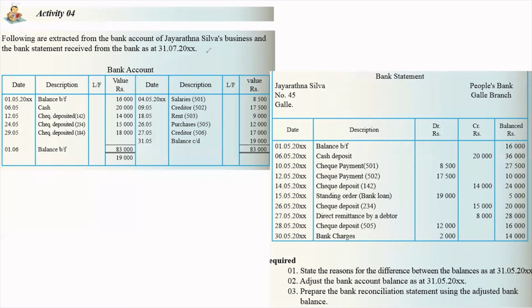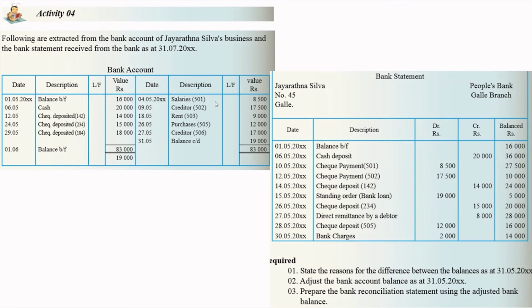So now look at these two statements given. This is our bank account of the business and this is the bank statement. As I said, debit values are the payments, credit values are the receipts. Both 16,000 balances are the same. They have received 20,000 cash deposit, recorded.